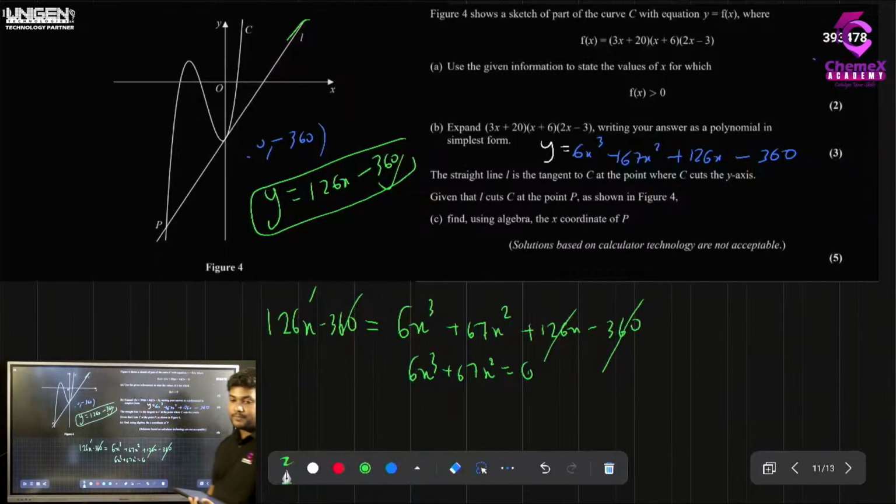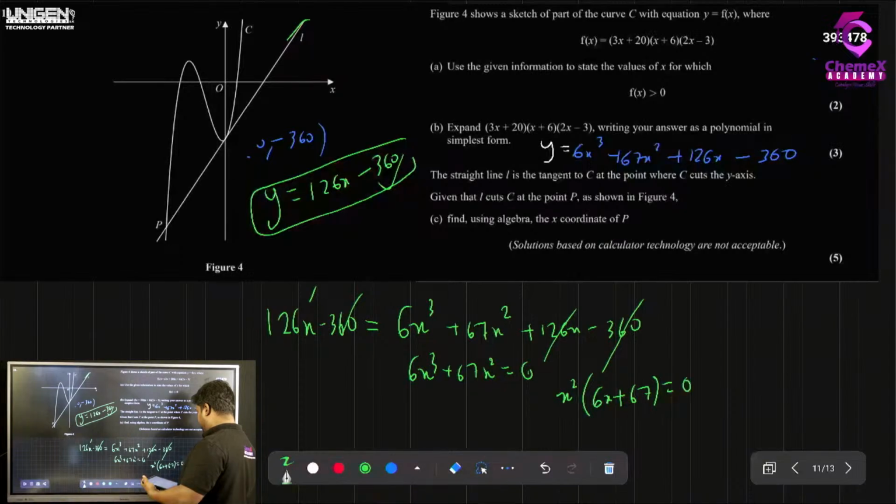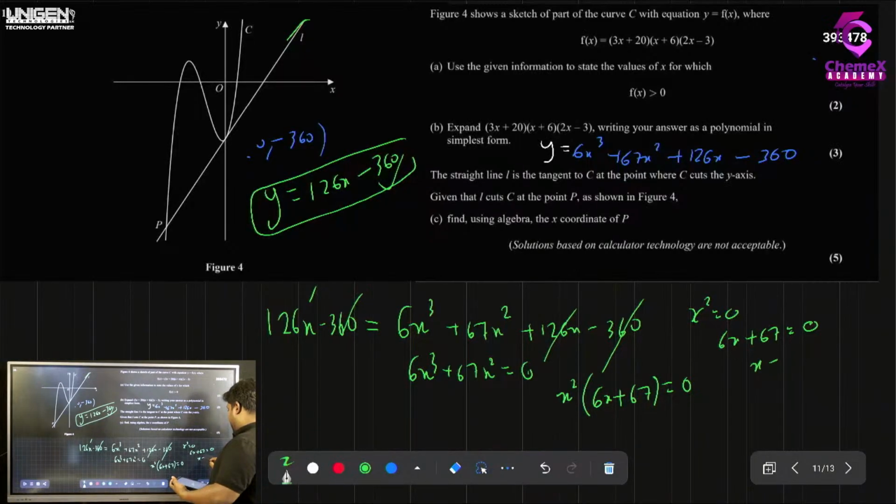Then how do you do from there? I can take what out? x squared out. x squared times 6x plus 67 equals 0. So x squared equals 0 or 6x plus 67 equals 0. So x equals what? Minus 67 over 6. So that should be the answer because 0 is here.